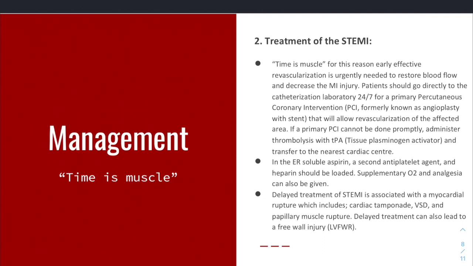For STEMI, your mainstay is going to be PCI, percutaneous coronary intervention, where you get a stent in to reopen the coronary arteries and revascularize the heart muscle. And then your blood thinners, aspirin, antiplatelet agents, anything that's going to help regain perfusion and prevent any more muscle death is going to be pretty key in your STEMI treatment.